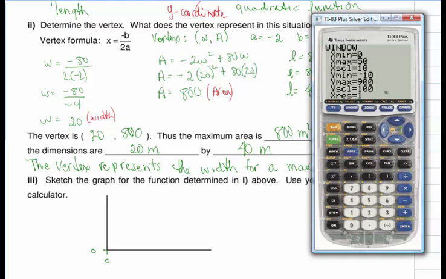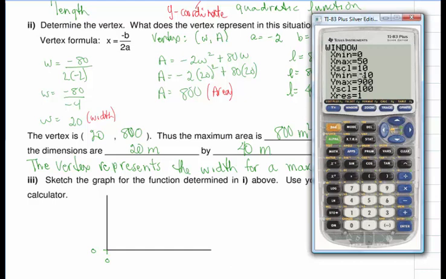What I did was I plugged in 50 for my x max because I want to have a good picture, so I need to add at least a little bit more onto the 40 so that when I get the graph of the parabola on the screen, it will fit nicely in the screen. Because I chose an x max of 50, I went ahead and used a x scale of 10, so we're going to go up by 10s.